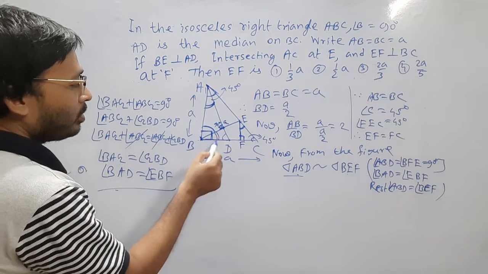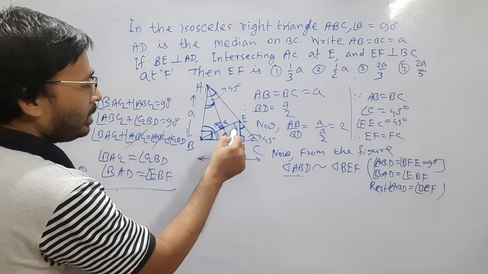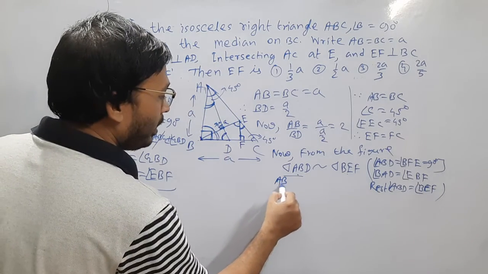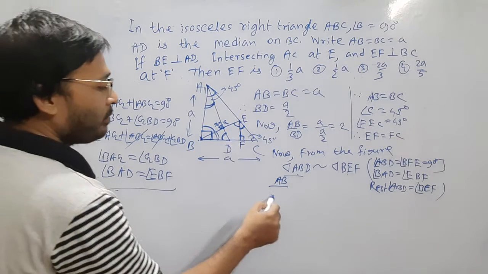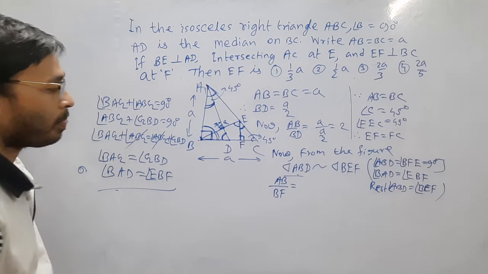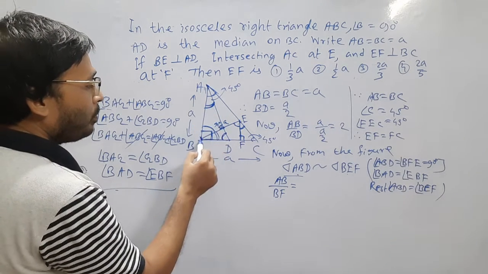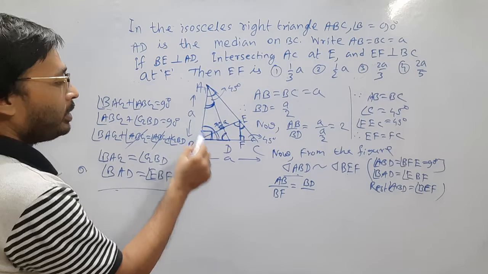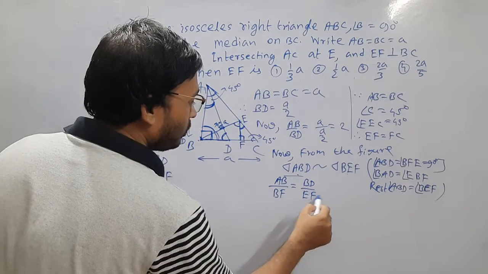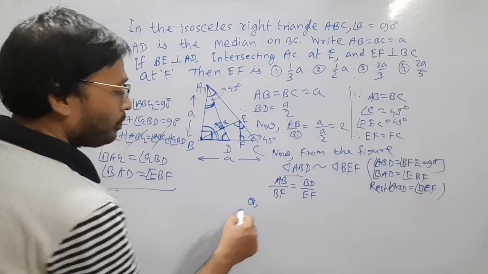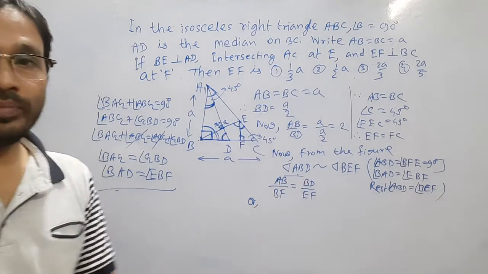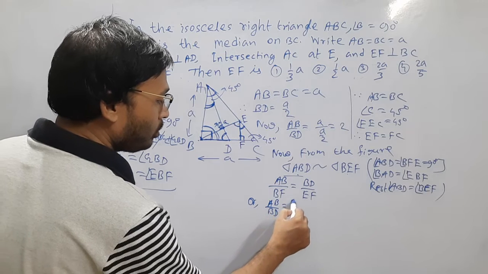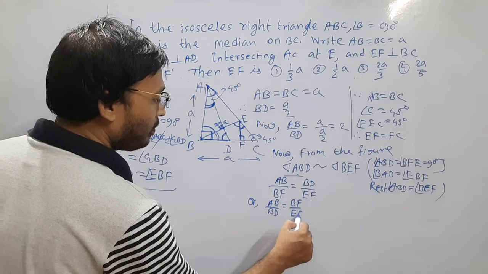So the remaining angle F is equal. So the opposite side of angle D: AB by BF is equal to BD by EF, or AB by BD is equal to BF by EF.